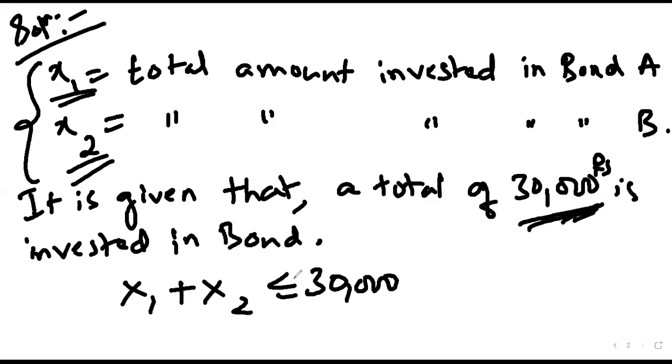Why less than or equal to? Because it is a constraint, and remember that a constraint will have a sign of either greater than or equal to or lesser than or equal to. Here the sign is lesser than or equal to because a person may be willing to invest exactly 30,000 or less than 30,000, but not more than that.